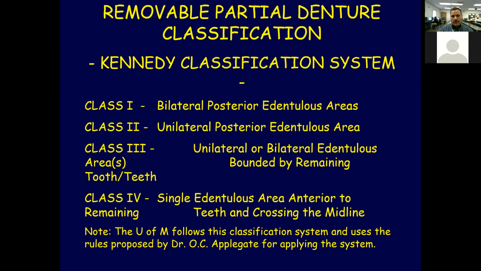So he classified partial denture as class 1 when both the back areas, the posterior areas, are missing, there are no teeth there. So it's bilateral posterior edentulous area. So the patient lost all the back area.